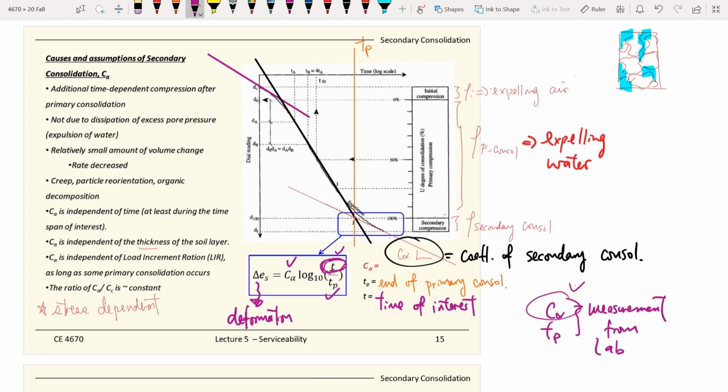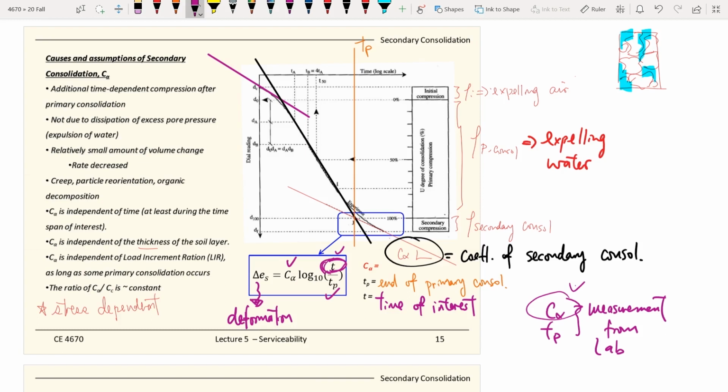So your T now is 50 years, the T sub P is 40 years, and then you know the C sub alpha, then you can calculate the deformations. We will do an example afterward, hopefully with some real data, and it will make more sense to you. So some more points about secondary consolidation.